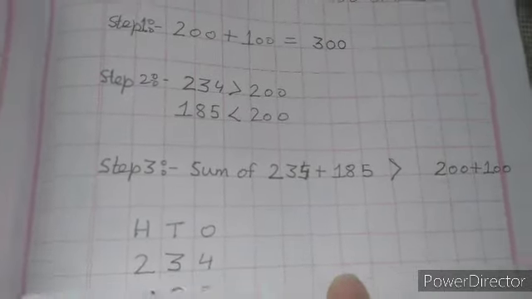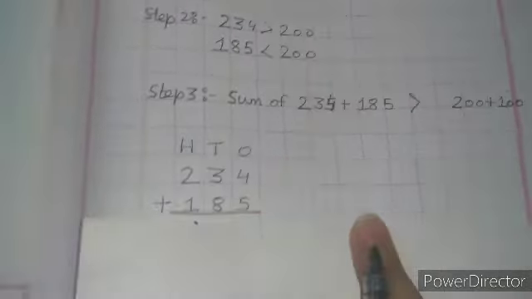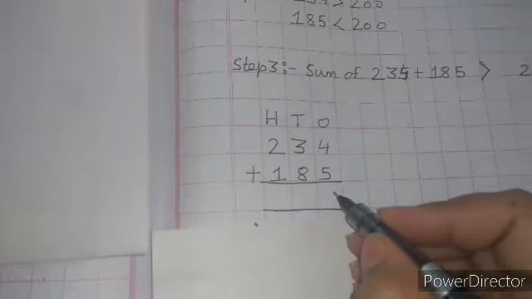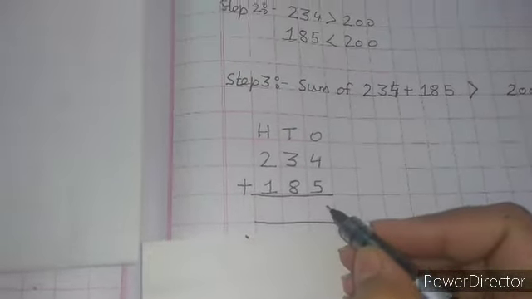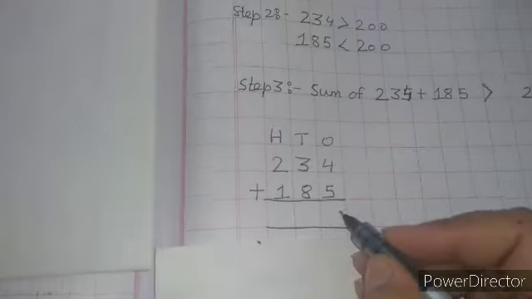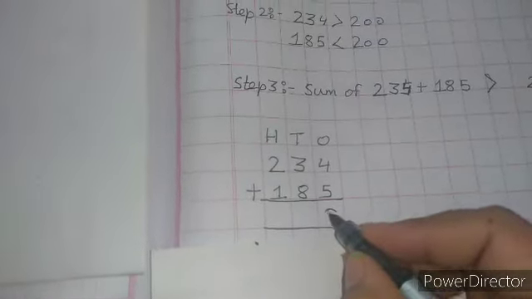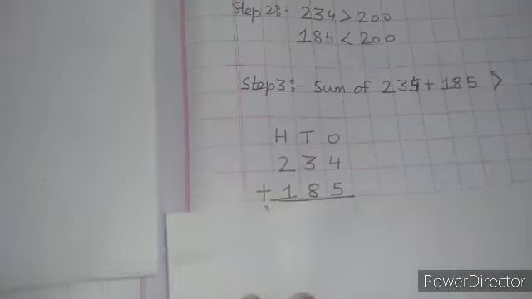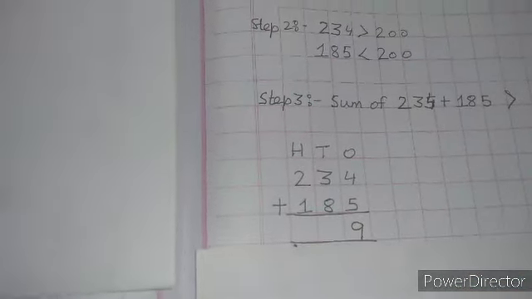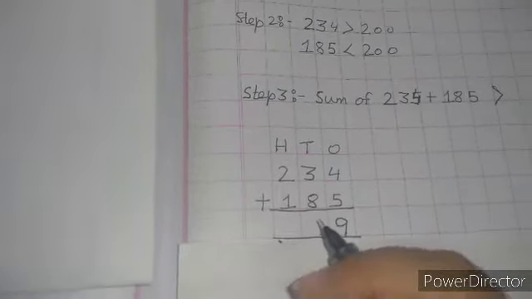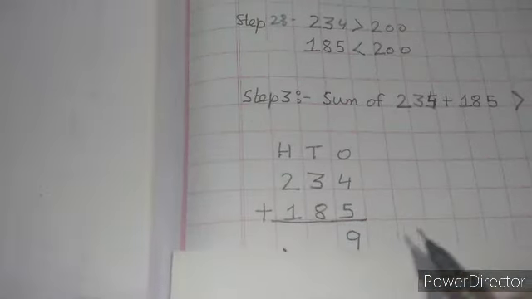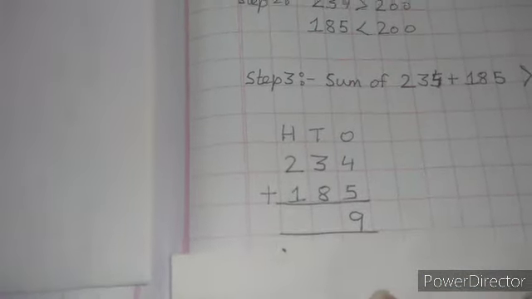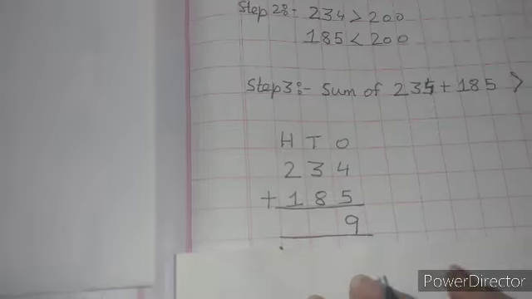Okay, now let us do the actual calculation. 4 plus 5: 4 in my mind, 5 fingers up, count forward. After 4, 5, 6, 7, 8, 9. 3 plus 8: 3 in my mind and 8 fingers up. After 3 we will count 4, 5, 6, 7, 8, 9, 10, 11.